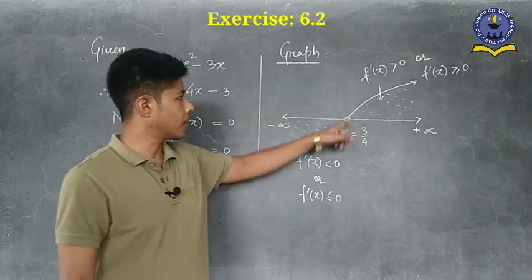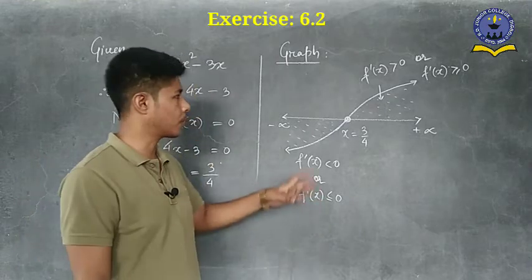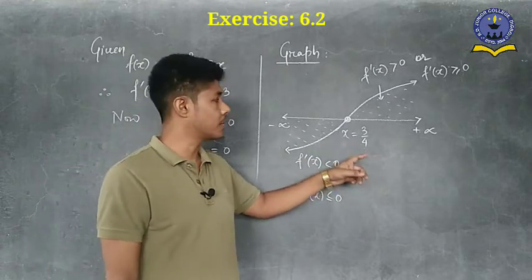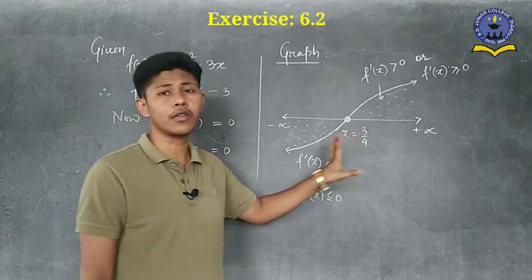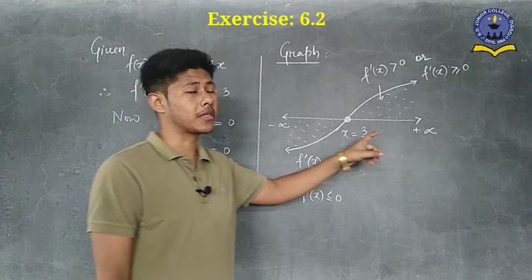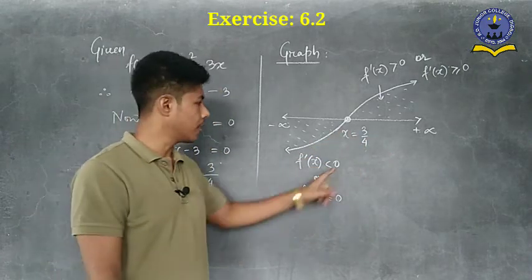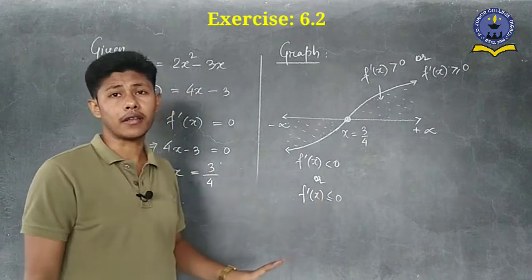If increasing is mentioned, then this 3/4 value is included here. Is it clear? So in this case, easily we can write down the interval now.